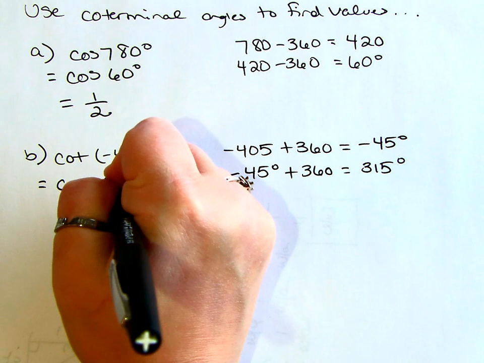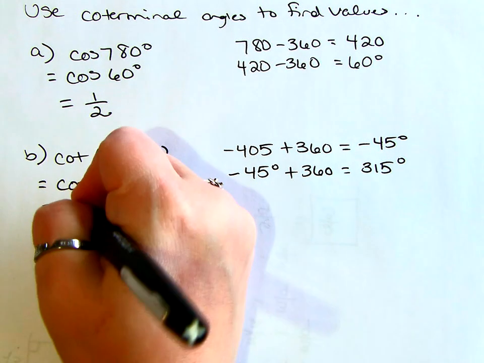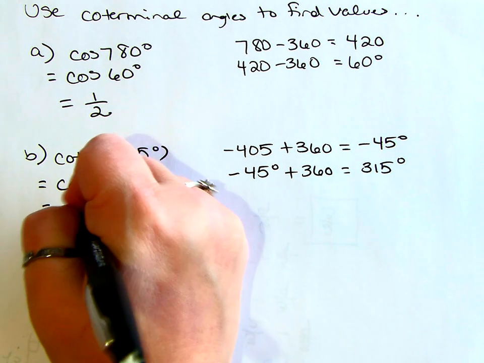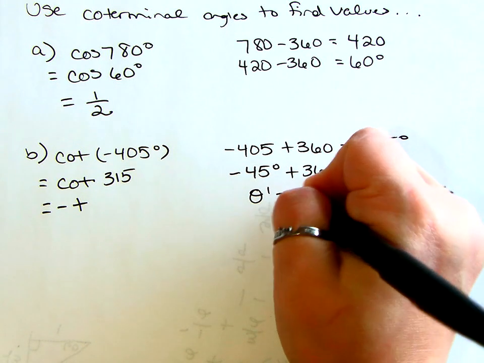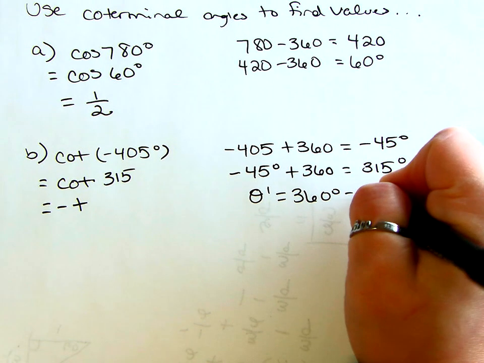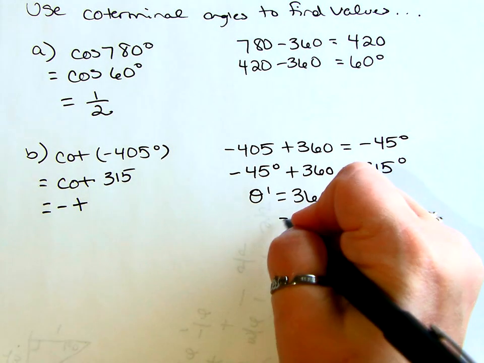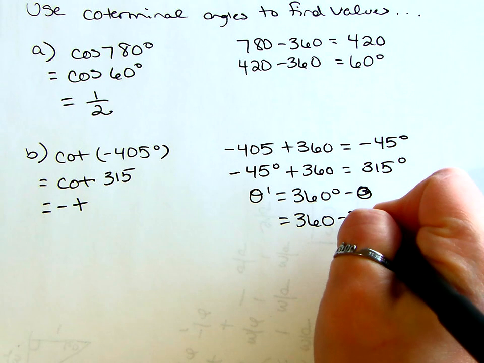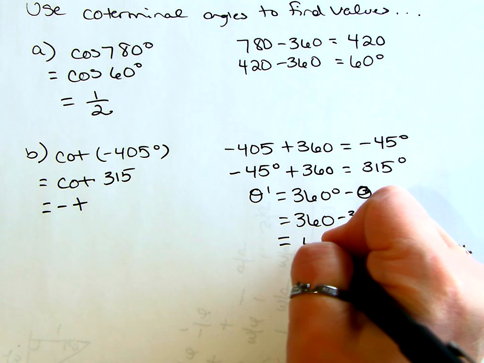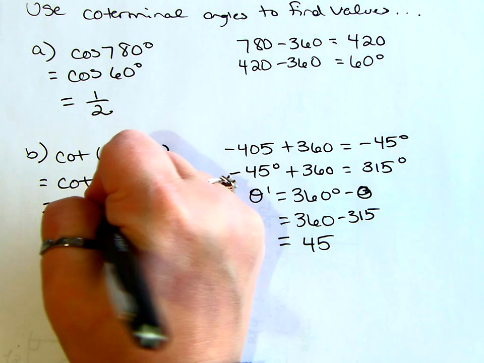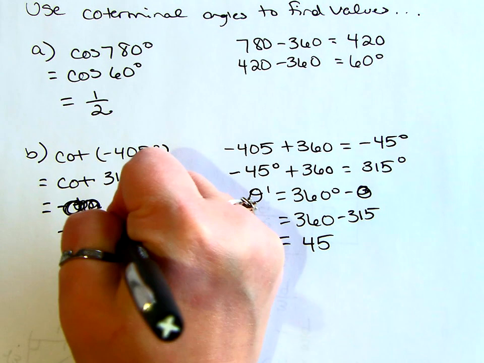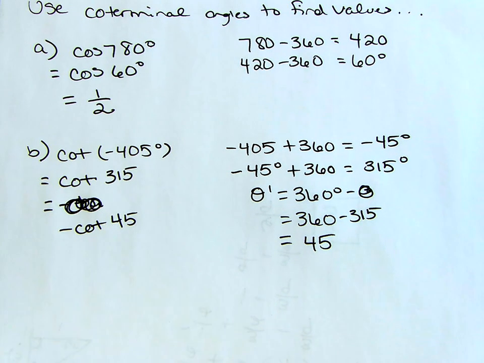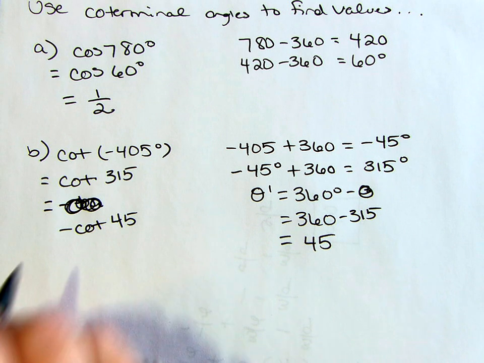And the reference angle for that would be, if you want me to write it all out again, 360 minus theta, which is 360 minus 315, which is 45 degrees. Cotangent of 45 is 1, with that negative out front, gives us a negative 1 value.